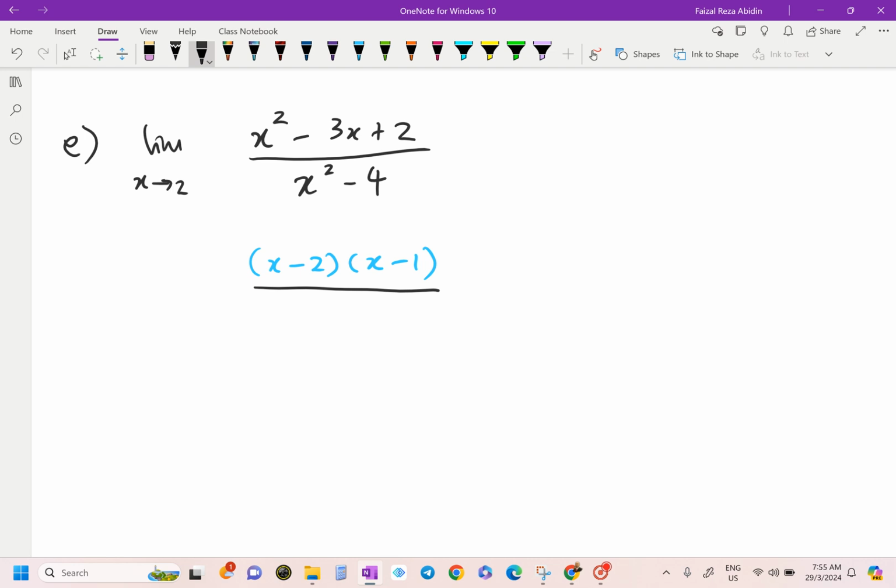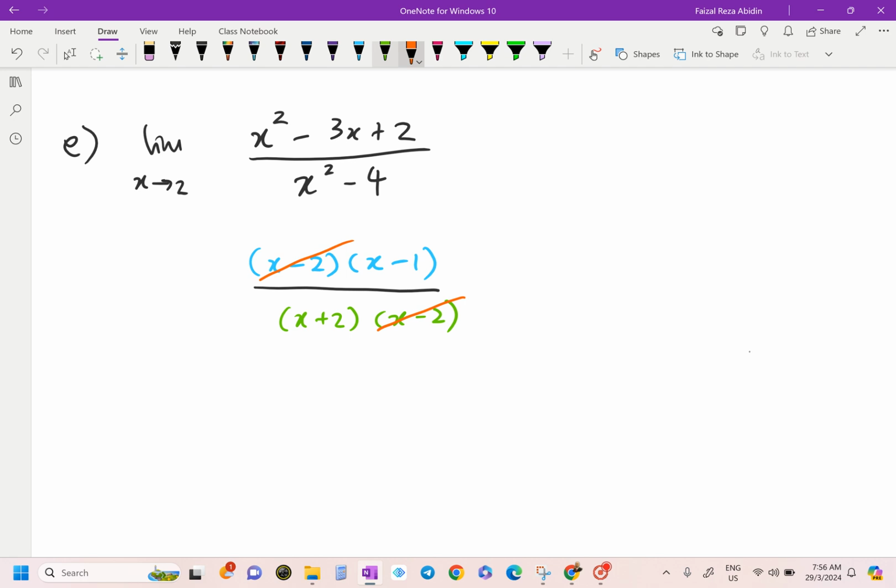If you're using factorization, this one is a perfect square, so you have x plus 2 and x minus 2. So we can simplify, and what is left is x minus 1 over x plus 2.